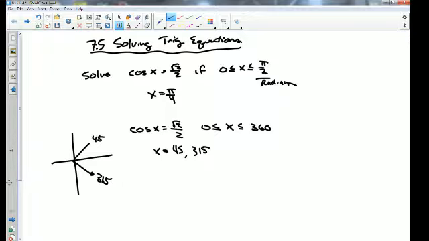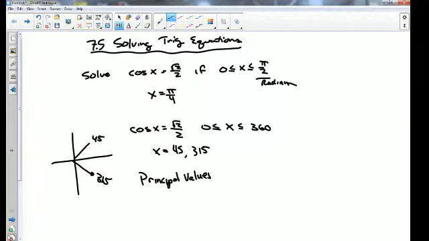Your book, and I'm not going to put a lot of stock in this, but the directions will ask you for principal values. I've never seen the term besides in our book.